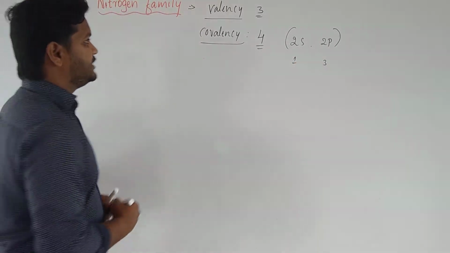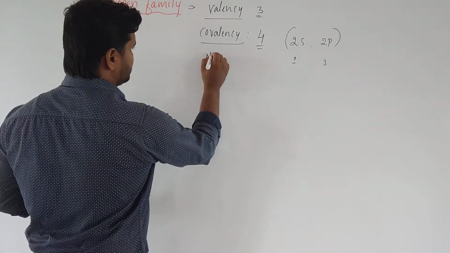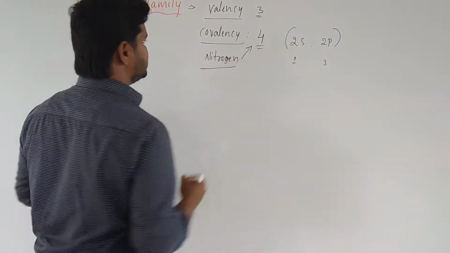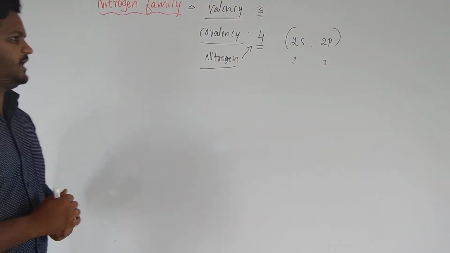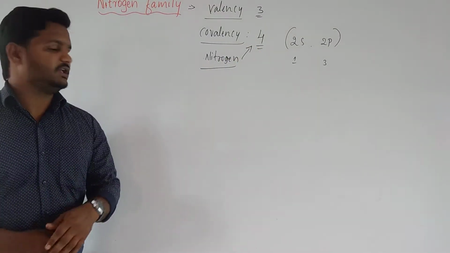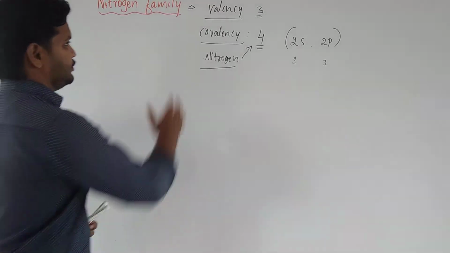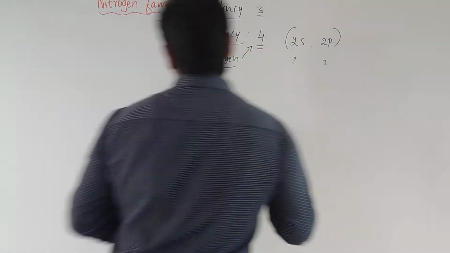That is why nitrogen shows the covalency that is 4. Apart from that, phosphorus, arsenic and bismuth show covalency more than 4. Okay students, nitrogen covalency is 4 and valency is 3.